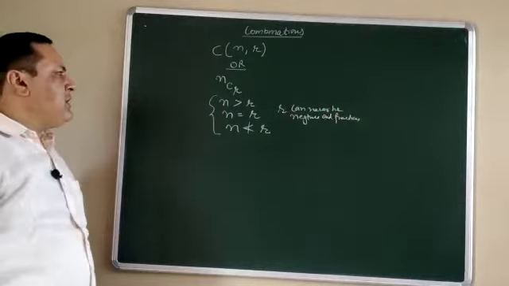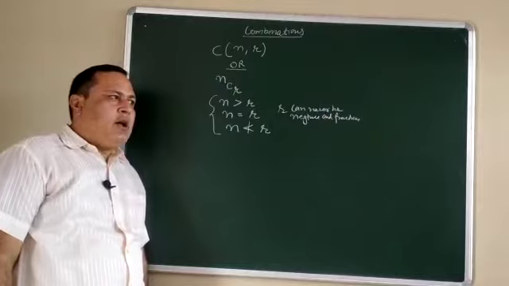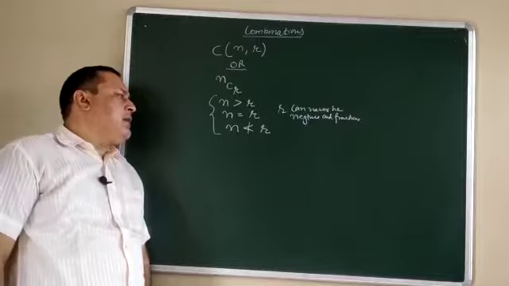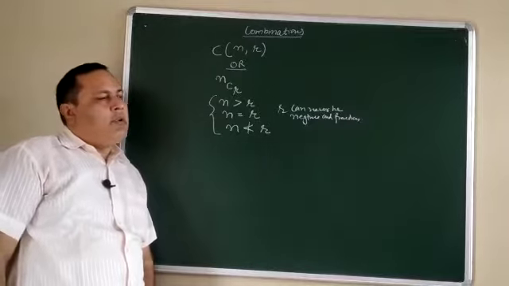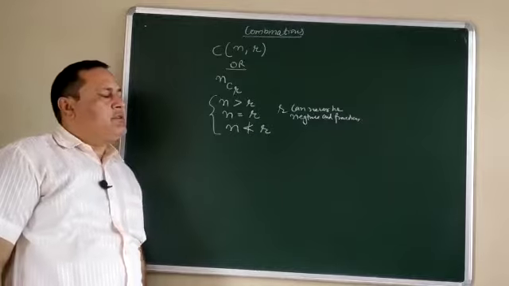The rules are the same for the combination. The value of n is always greater than r, or equal to r, and the value of n can never be less than r, and the value of r can never be negative or a fraction.